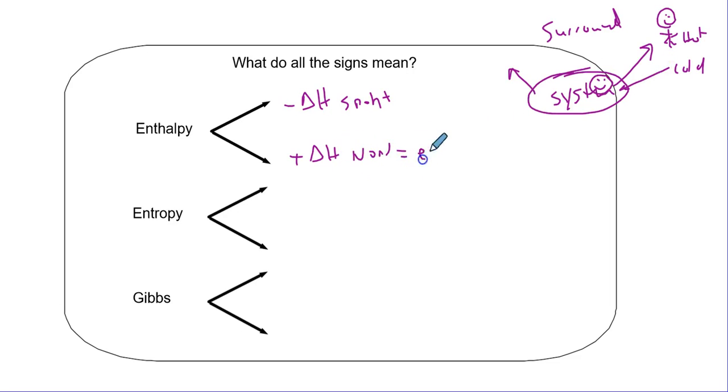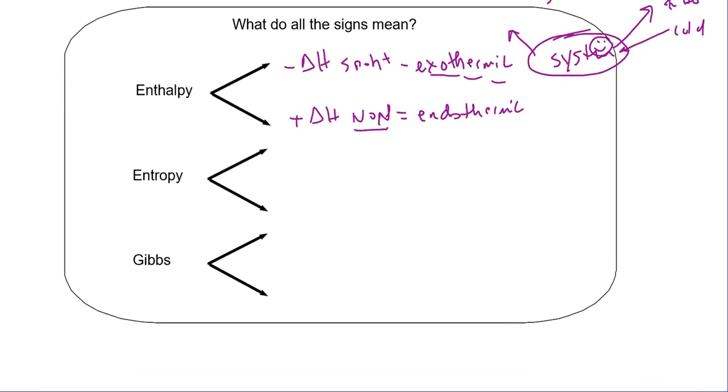And this is an endothermic. Got a special name for it. And this is, of course, exothermic. So endothermic reactions are non-spontaneous. They don't typically happen by themselves. So you'll notice that in our everyday environment, there's a lot more exothermic reactions than there are endothermic ones, because they're a little rarer.